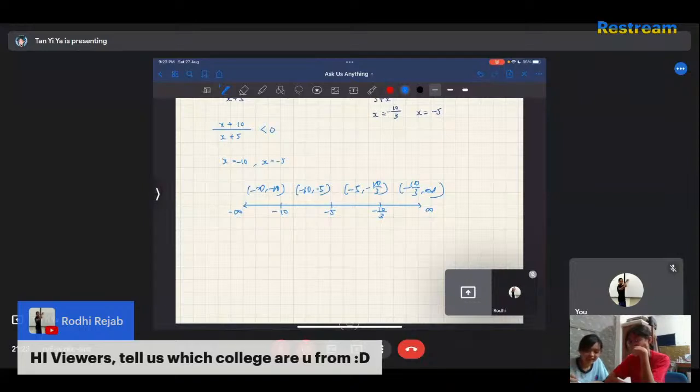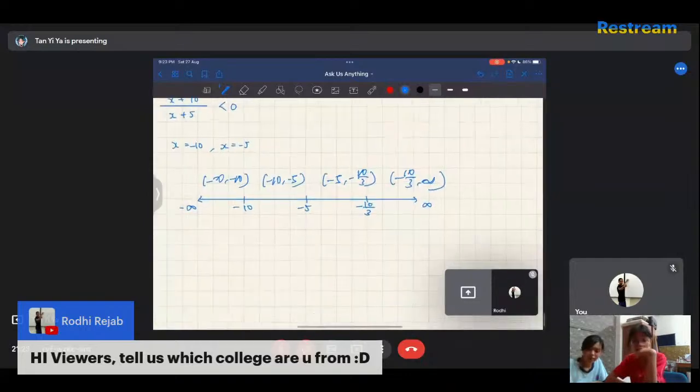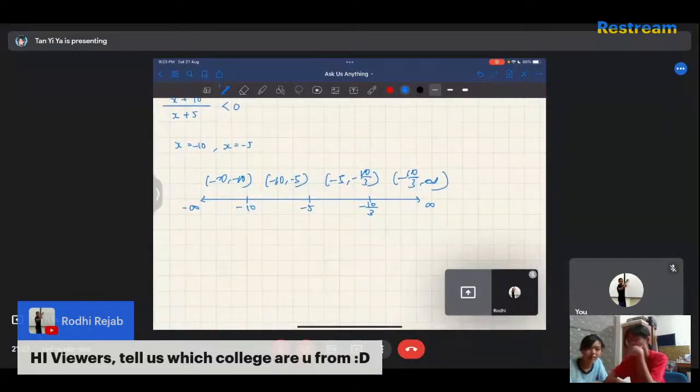In case you don't know what is happening here, the table method is like this. We do a number line, then we plot all the values here.